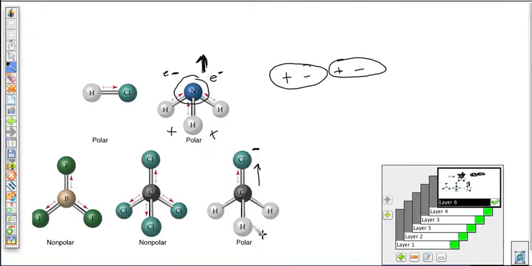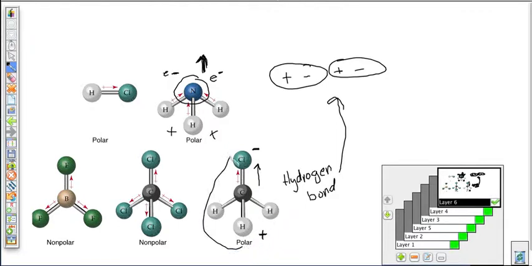So oftentimes hydrogen makes polarity when it's combined with other elements, and so we actually call that a hydrogen bond. If I was to stick two of these together like this, it would be a hydrogen bond. And here's what would happen. This positive end from the next molecule would stick right here, because that's the negative end of this.